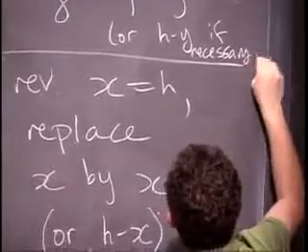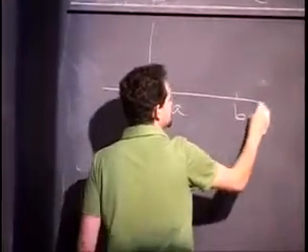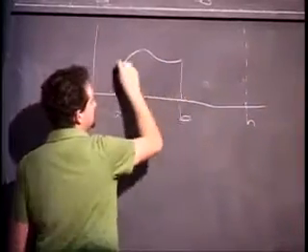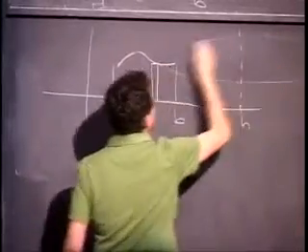When might this be necessary? Well, suppose, for example, in this case, the axis is actually to the right of the figure. Suppose this is h. And I want to take a strip and revolve it so I get a shell.